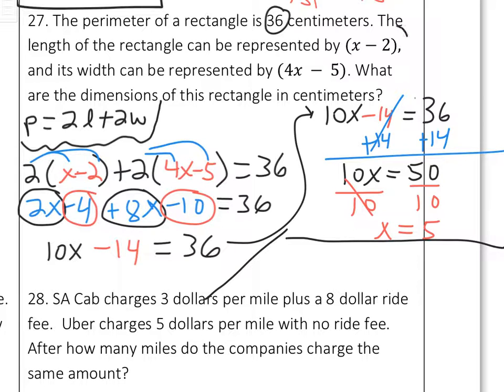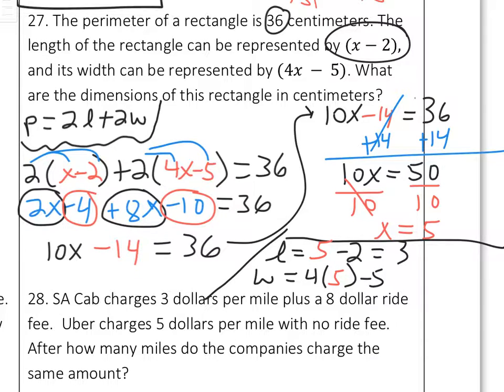For the length, we use x minus 2, so L is 5 minus 2, which is equal to 3. And W is 4 times 5 minus 5. 4 times 5 is 20, and 20 minus 5 gives you 15.